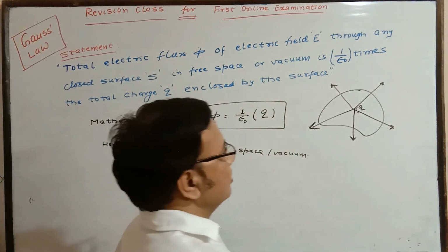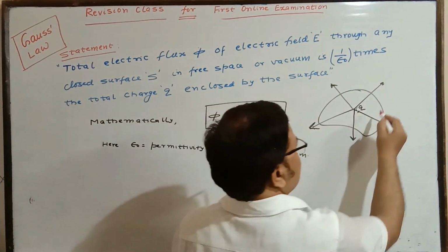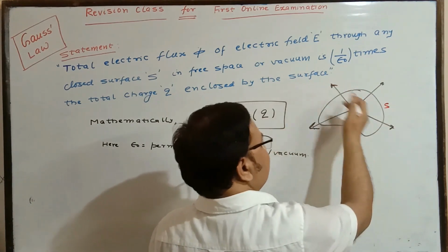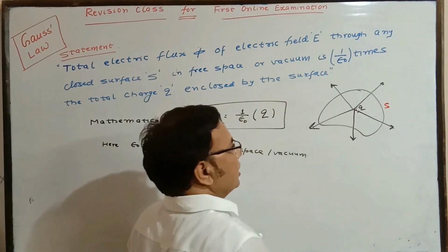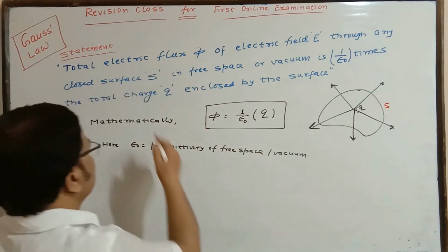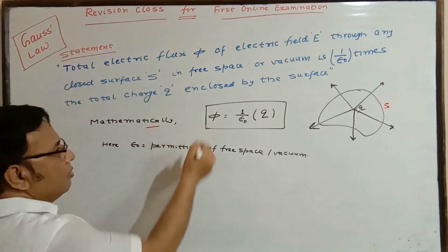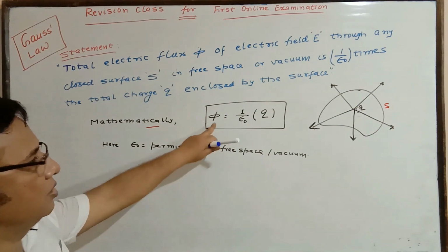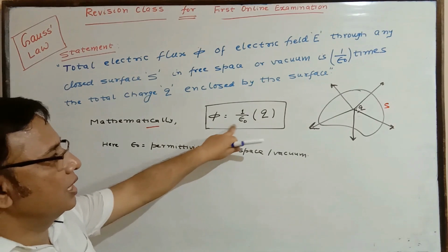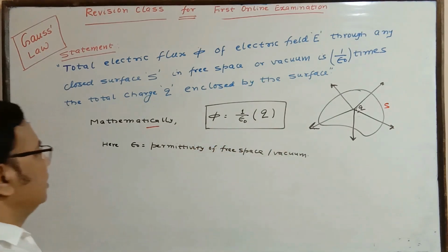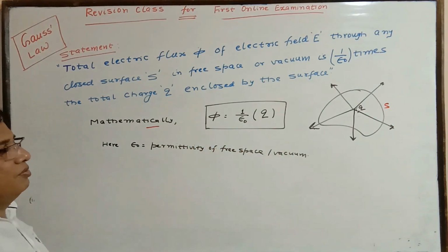The electric field is seen coming out through the surface due to charge Q. So as per this statement, the mathematical form is phi, the flux coming out through the surface, equals 1 by epsilon naught times the enclosed charge Q. Here epsilon naught is the permittivity of free space or vacuum.